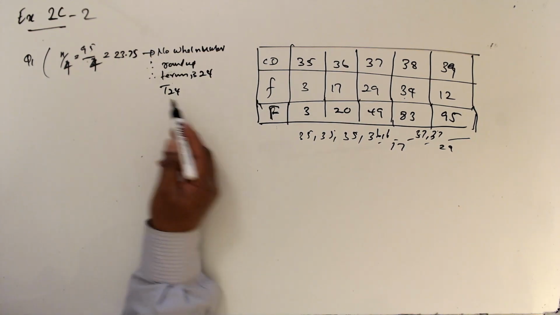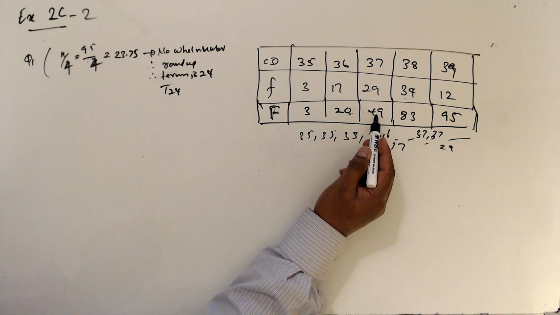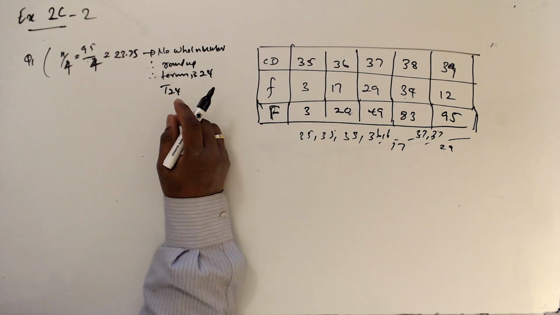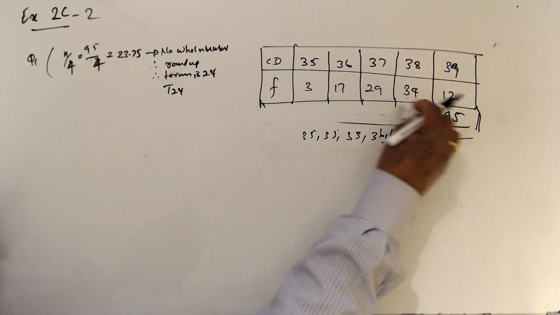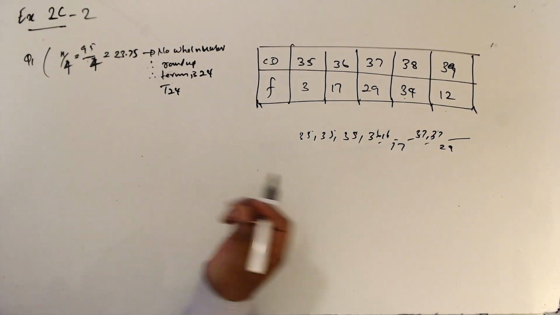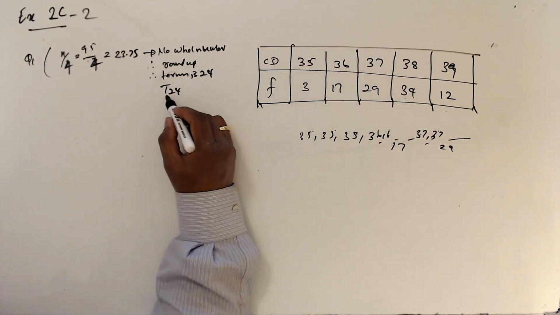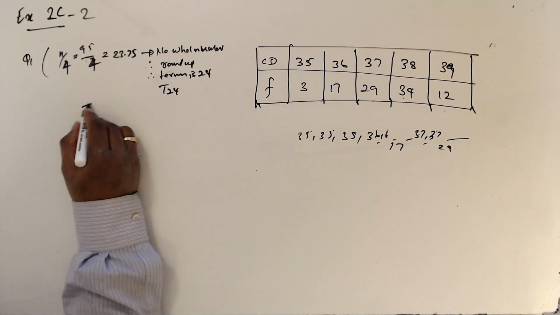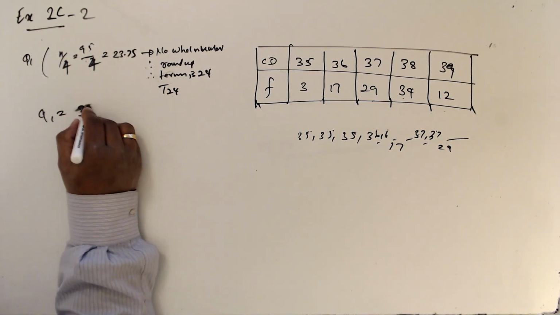I need the 24th term. 24 is in between 20 and 49, which means 37. I'm not going to draw the cumulative curve for a reason. So the 24th term is here, and the first quartile is 37.